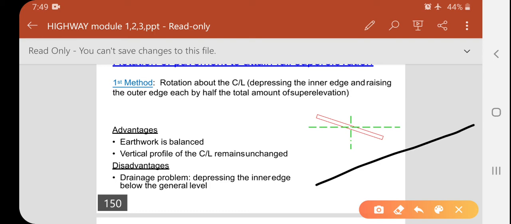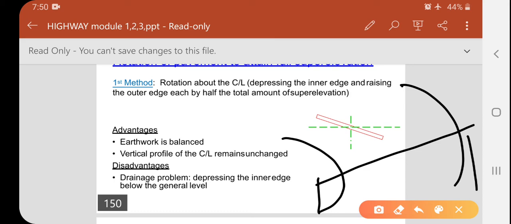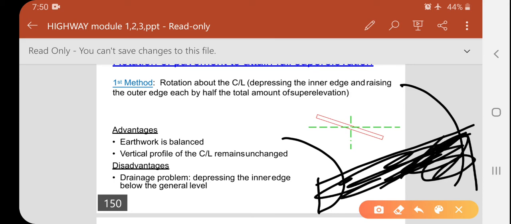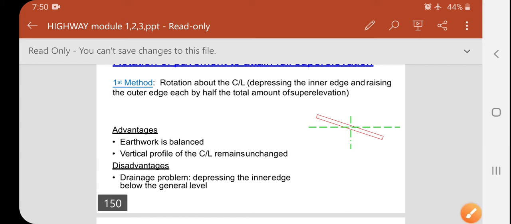This is our area, so I need to provide a road like this. So here I need to cut the earthwork for the filling calculation. Here I need to fill, here I need to cut. Then we can provide smooth vehicle movement. So earthwork is balanced. Second one is the vertical profile of the super elevation can remain unchanged.